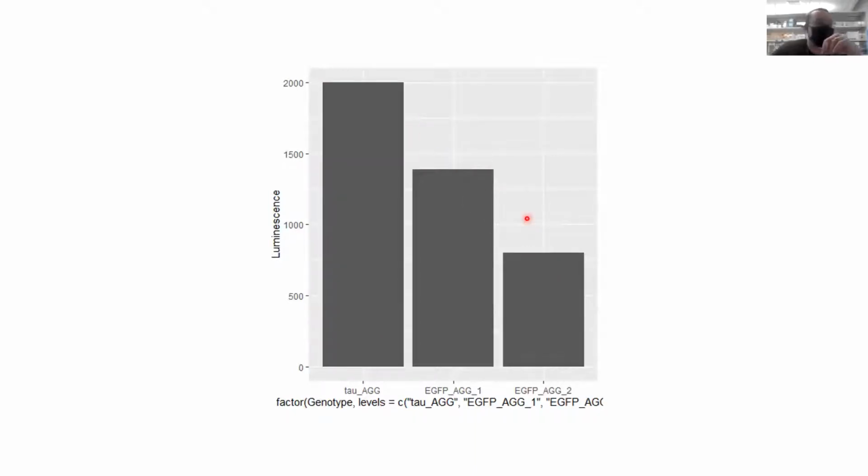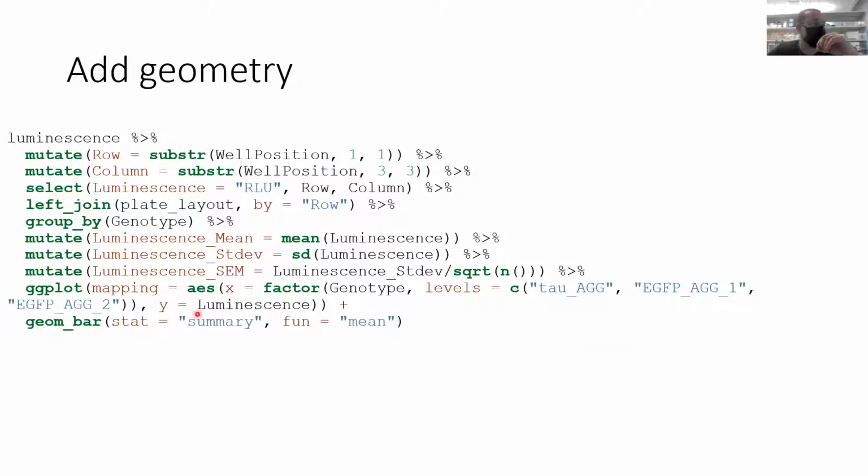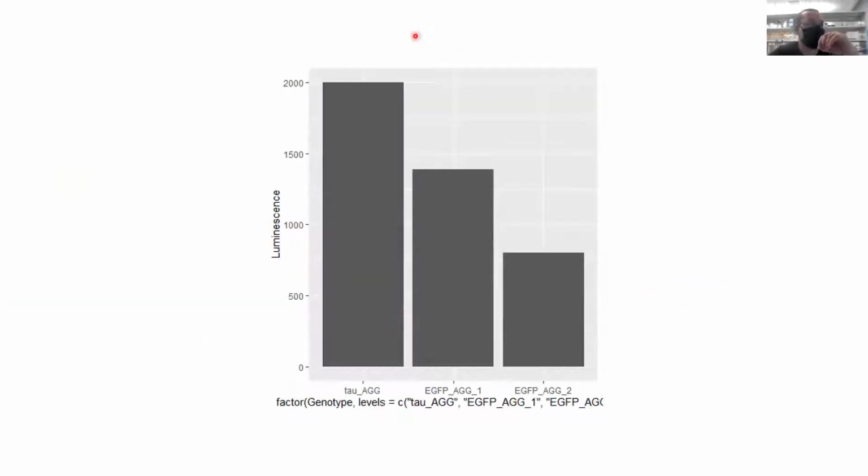Now let me go over that again. I could give you visually the same plot if I had said luminescence underscore mean here, because I've calculated the mean, right? And then instead of all this, I would just say identity here for the stat argument. And it would look just like this.